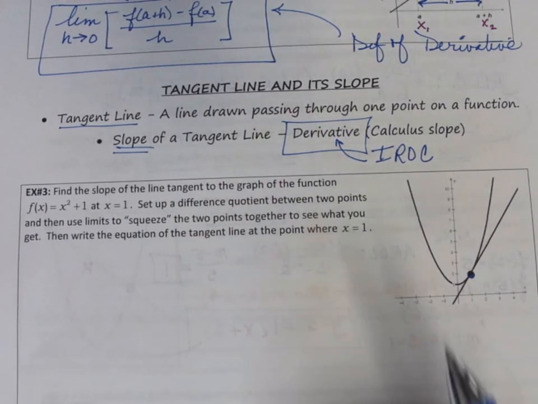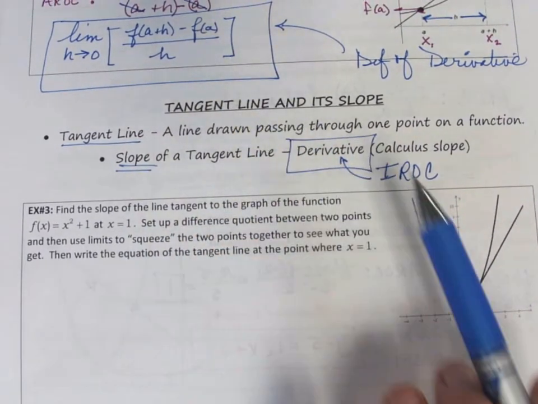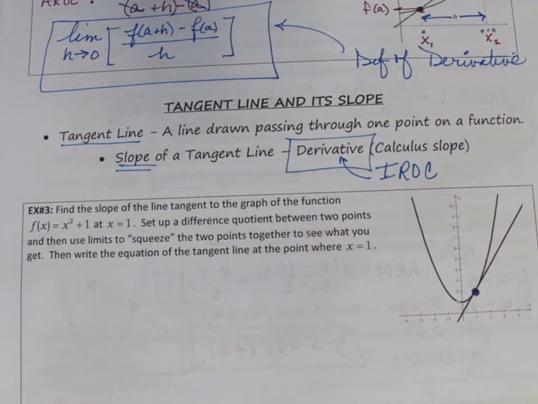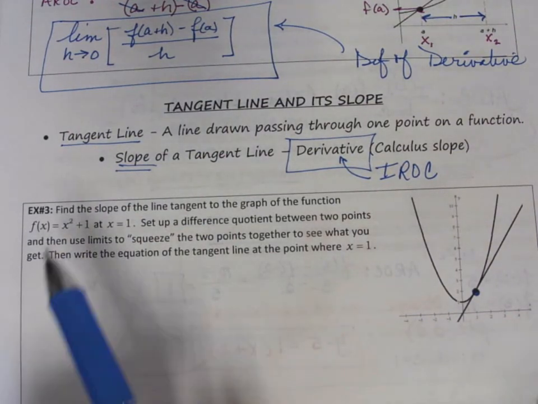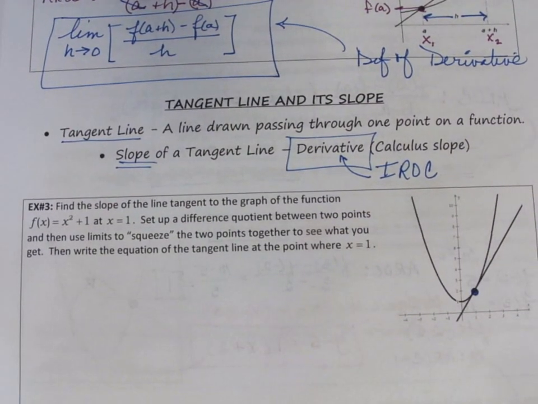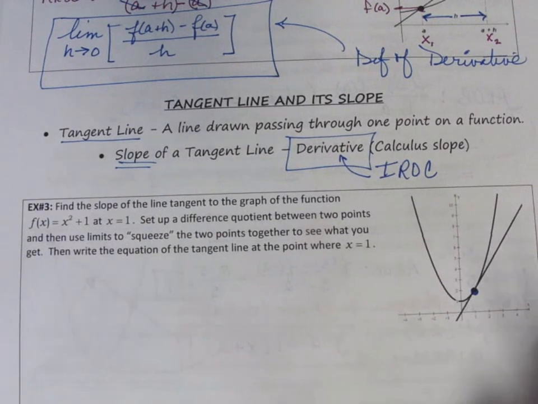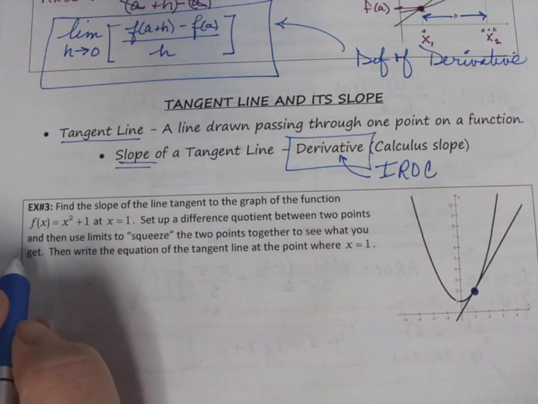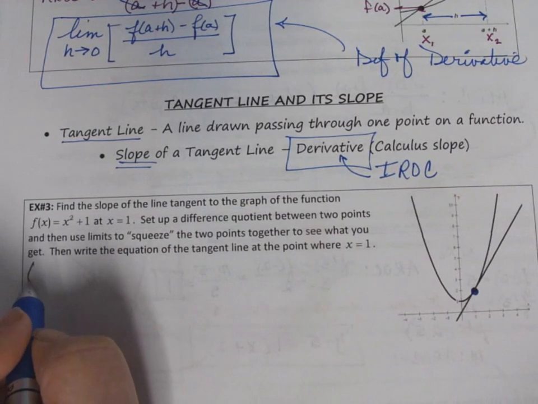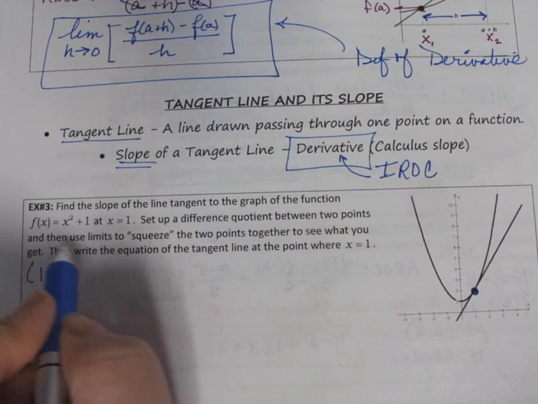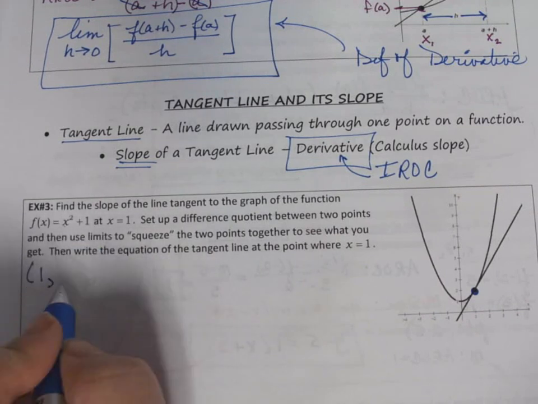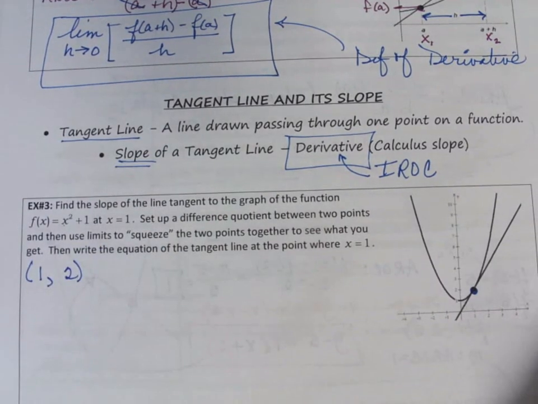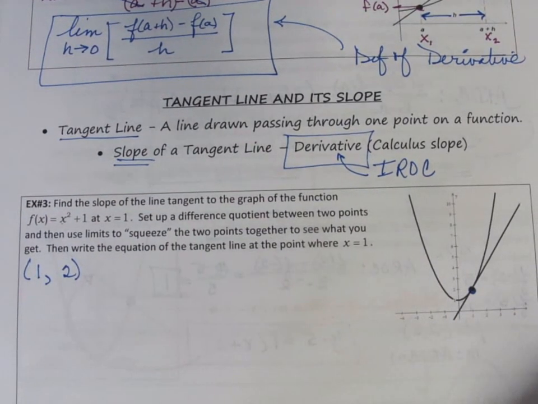Okay, so we're going to use this definition of the derivative to try and find the slope at a single point. It says find the slope of the line tangent to the graph of the function f of x equals x squared plus 1 at x equals 1. So that means we know one point is going to be 1, and then if I plug in 1, 1 plus 1 is going to be 2. So that's one point on our graph.